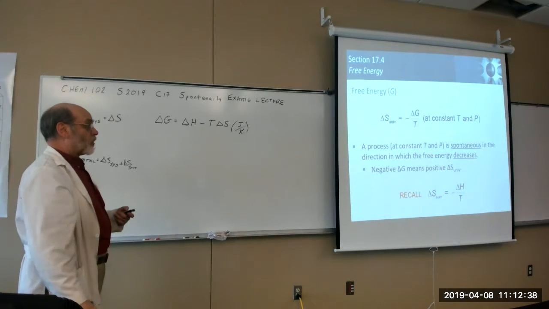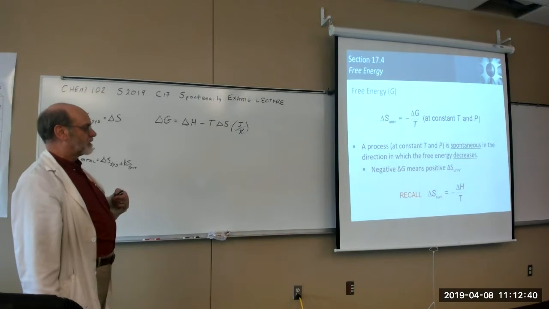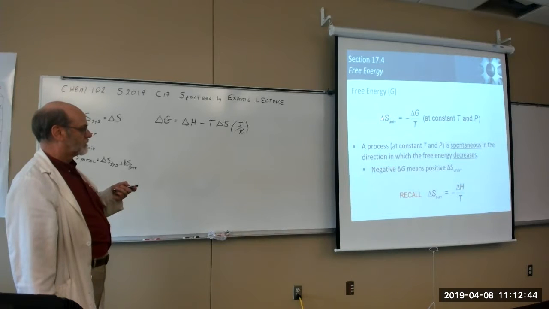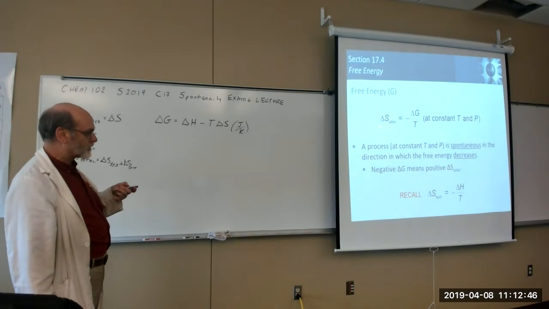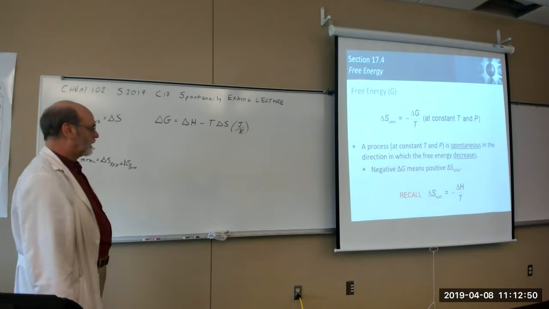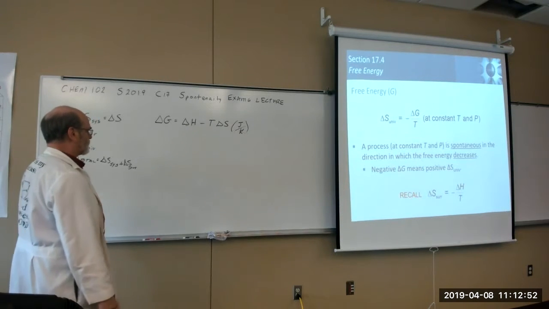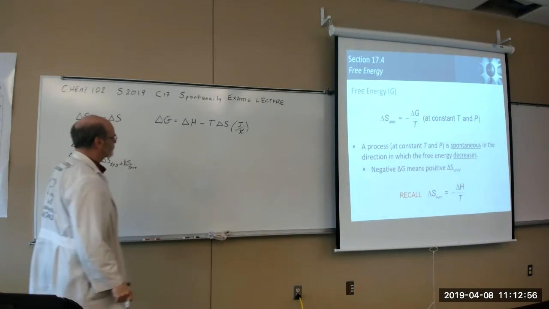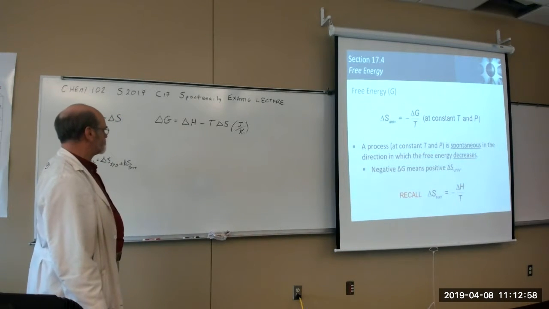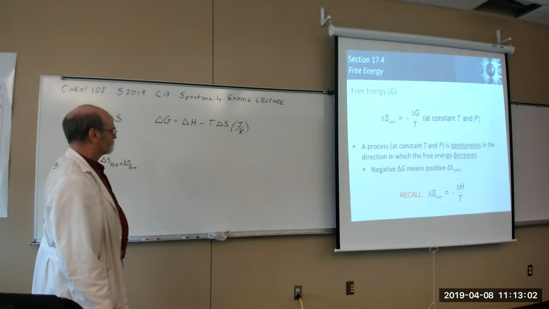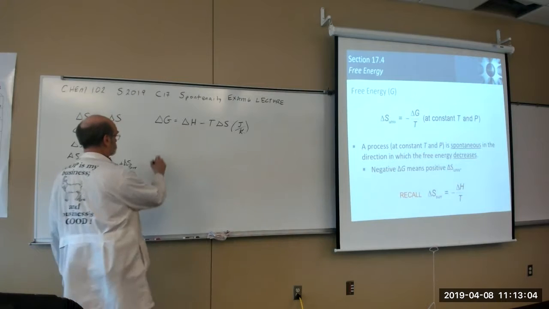Okay, so the delta S for the universe at constant temperature and pressure is equal to negative delta G over T, which you have to accept.